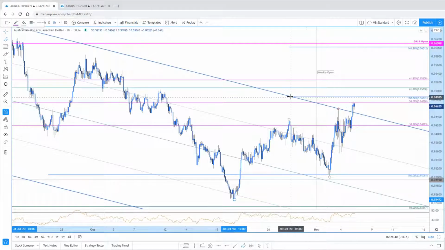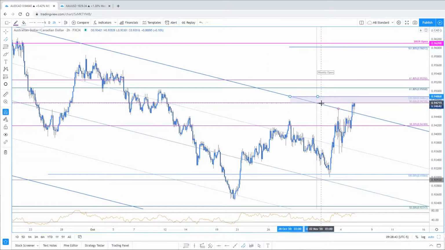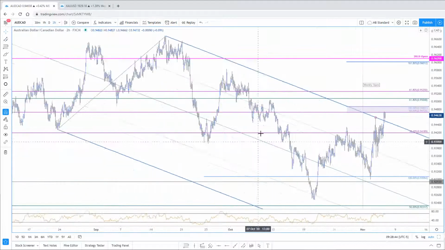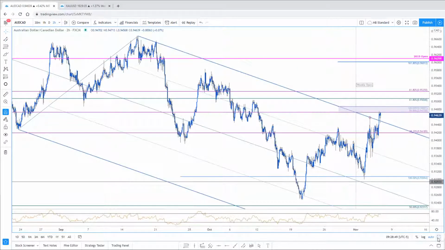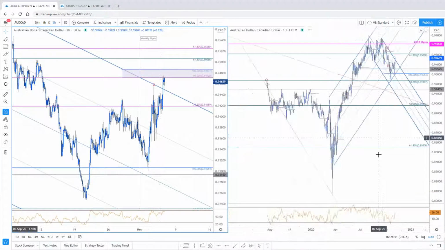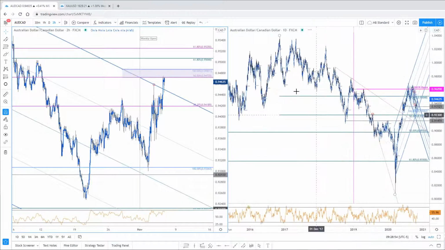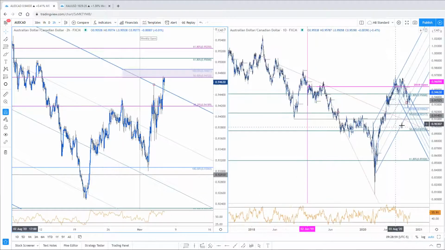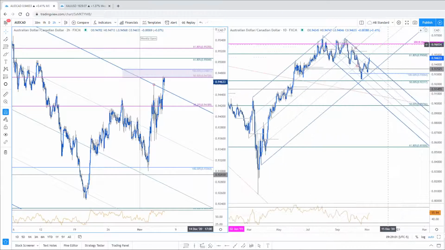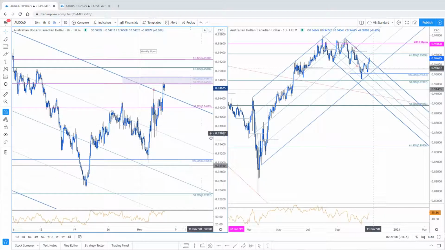Not even 20 pip, it's like 15. Let me get you where that 618 at 95.06 comes from. I'm not sure if that's going to be relevant here. Okay, it's the entire drop off the 2016 highs. Yeah, I mean, it's been a decent pivot. All 3 of these zones on the breakout.